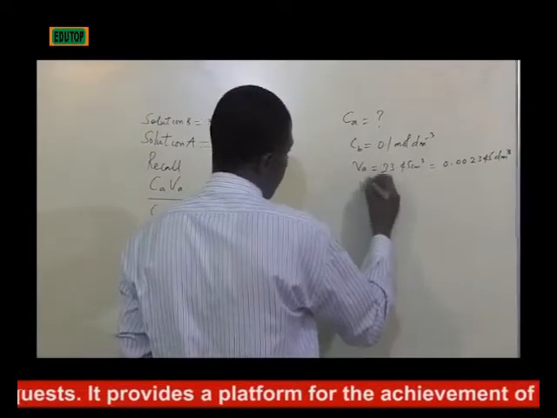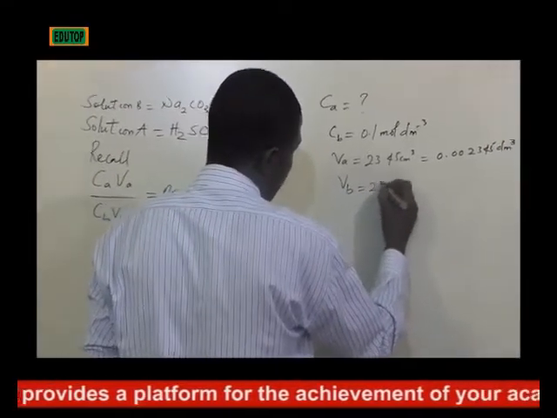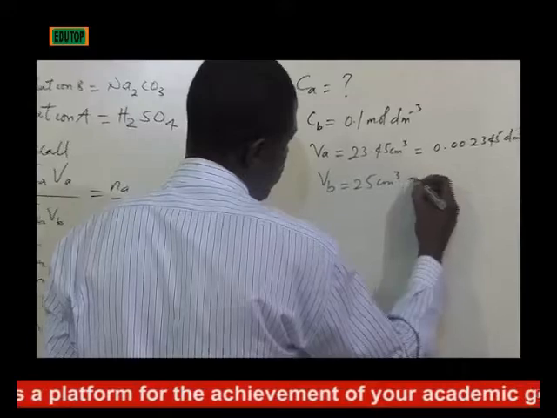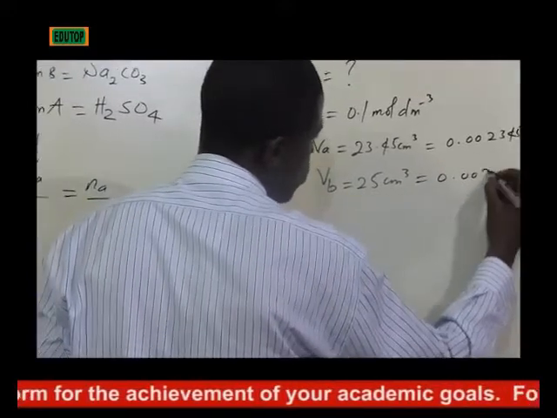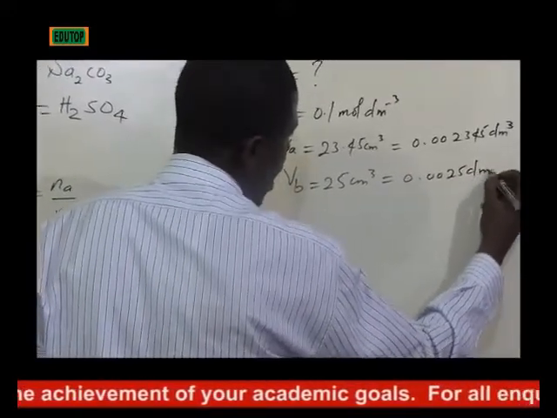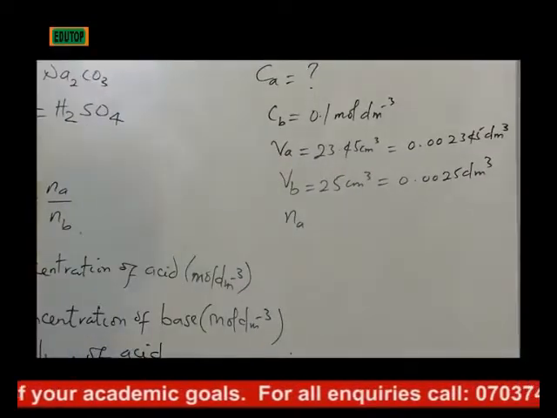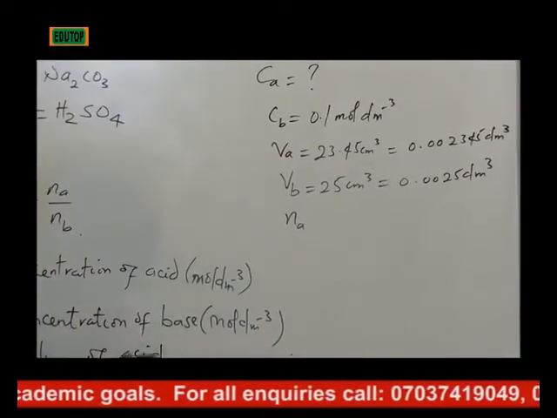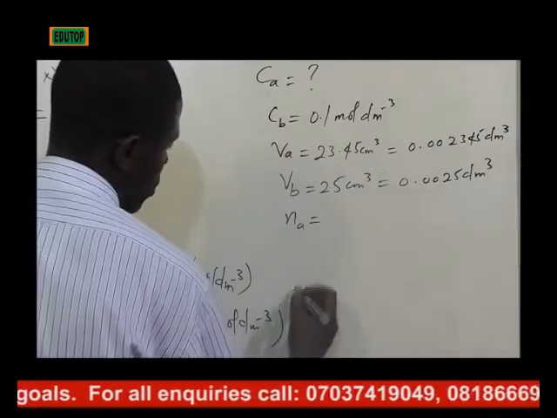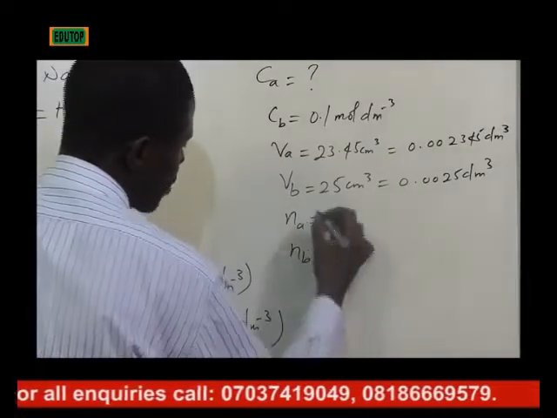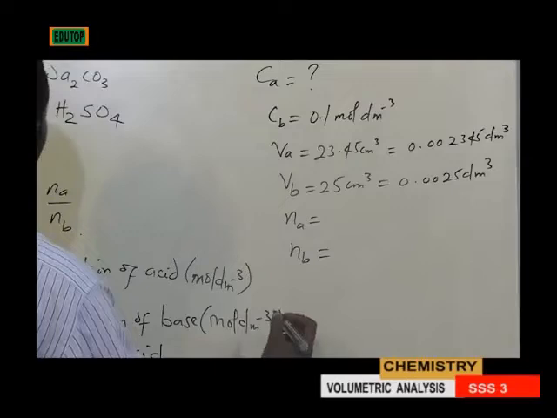The volume of the base is 25 cm³, which is 0.0025 dm³. The number of moles of acid and base can be deduced from the reaction.